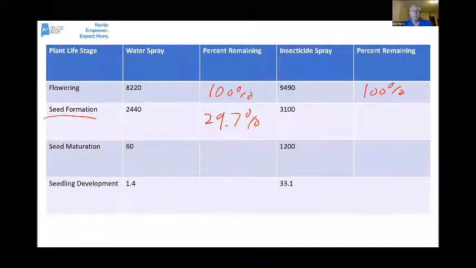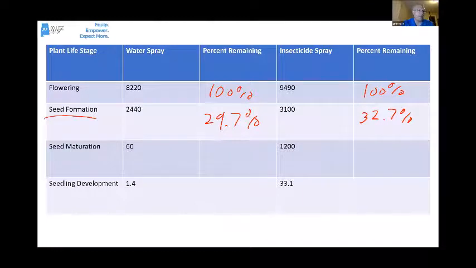I want to do the same thing in the insecticide spray column. So I have 3,100 out of 9,490. I go 3,100 divided by 9490, and I get 32.7%. Now I drop down to the next row.